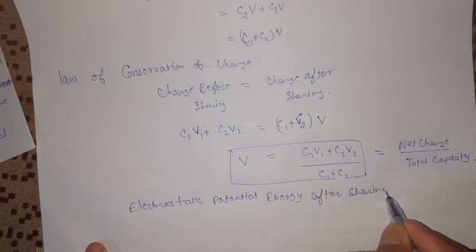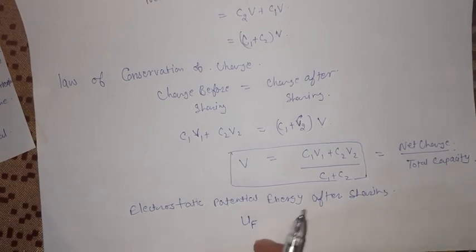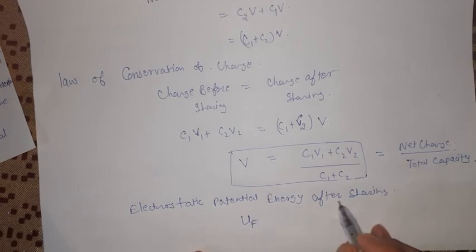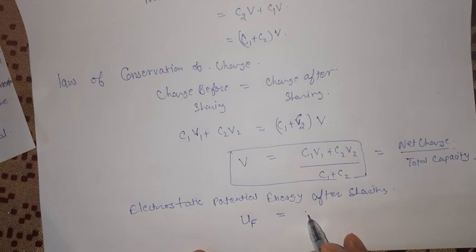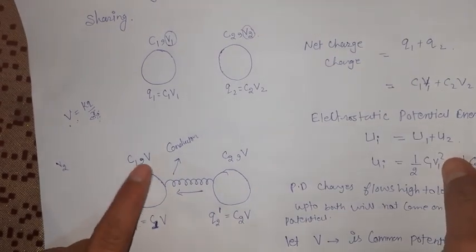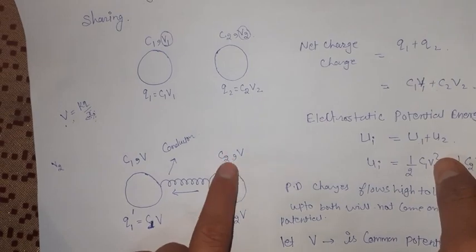I'm going to give it the name final. It is the final electrostatic potential energy after the sharing. So this is the potential energy of this first one. You will find that after sharing, this first body has capacity C1 and common potential V, while the second has C2 and V.